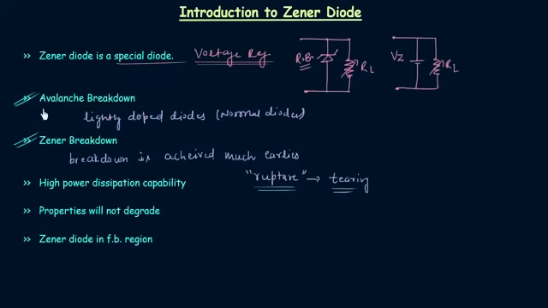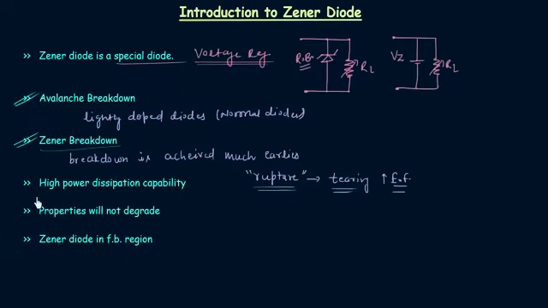So there is difference between avalanche breakdown and Zener breakdown. In case of avalanche breakdown, electrons gain the high kinetic energy and they break the covalent bonds. On the other hand, in case of Zener breakdown, there is direct rupture of covalent bonds because of high electric field. I hope avalanche and Zener breakdowns are now clear to you.